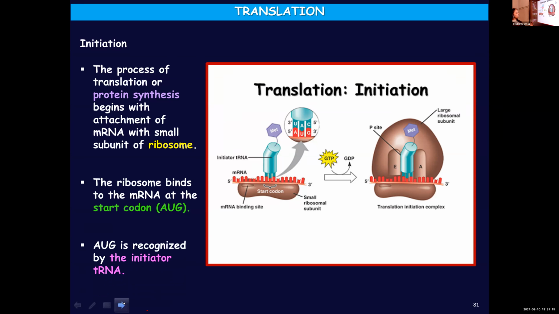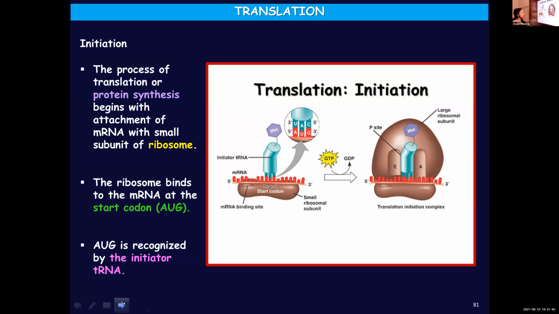Once this ribosome is attached to the messenger RNA, this start codon AUG will be recognized by the initiator transfer RNA.